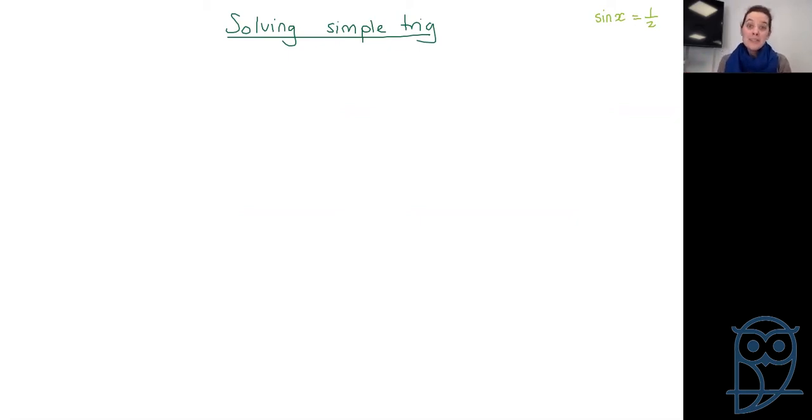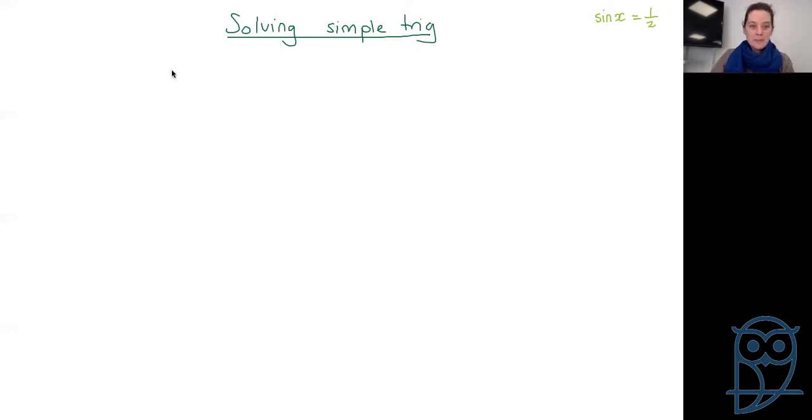And yeah, but you're stuck at IG. Okay, what we need to do is we need to take it outside of that. We're working now with an understanding of domain. So we would be solving simple trig from 0 to 360, for example, or from minus pi to pi. And we would have to find all of the solutions within that domain. So it's not quite as straightforward as just trig to the minus 1.